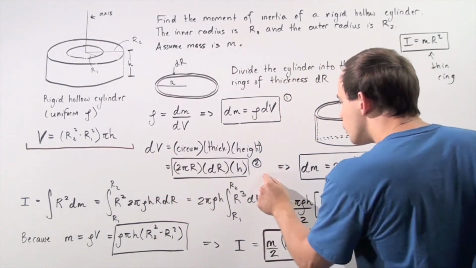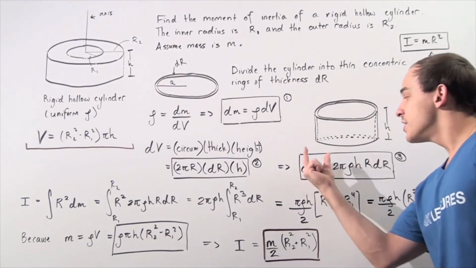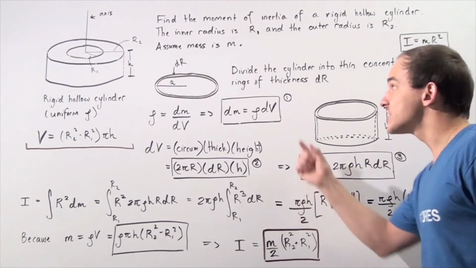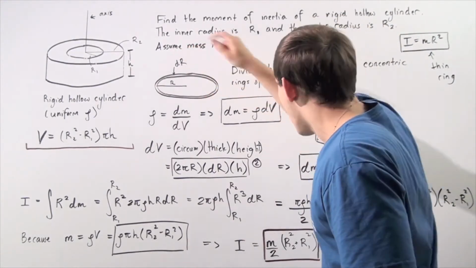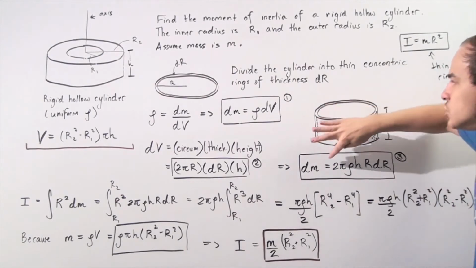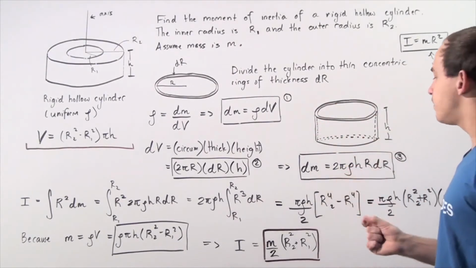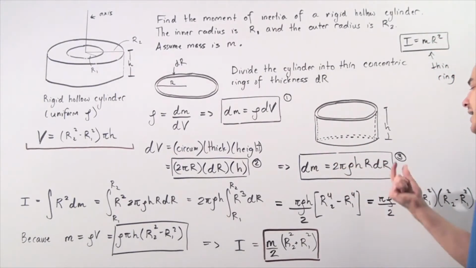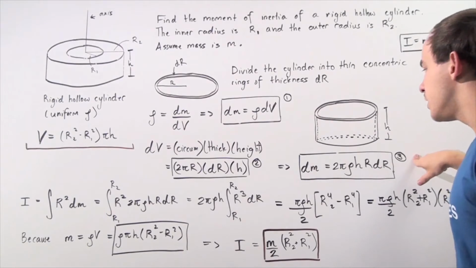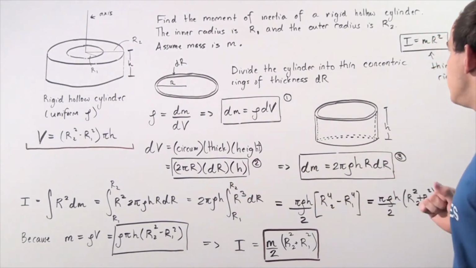So we plug 2 into 1 and we get the following result. The infinitely small mass of such a thin concentric ring with a thickness of dr is equal to 2 pi multiplied by our density multiplied by the height multiplied by the radius r multiplied by dr. Let's call this equation number 3. We'll need to use this in just a moment.